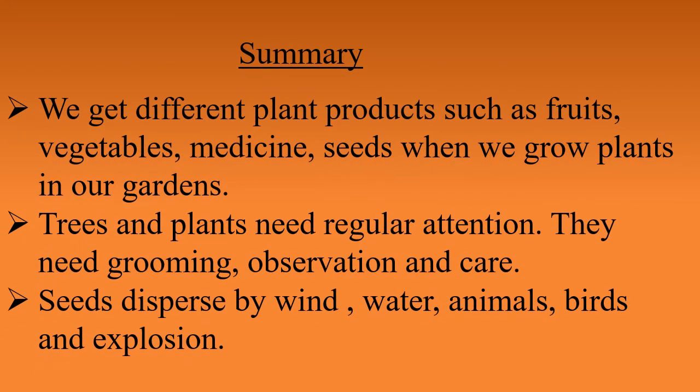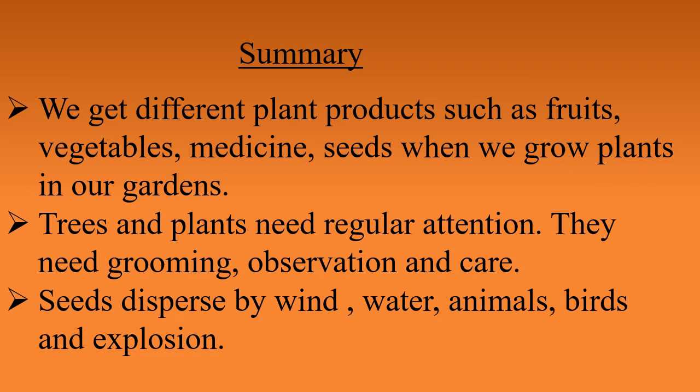Summary of the lesson. We get different plant products such as fruits, vegetables, medicine, seeds when we grow plants in our gardens. Trees and plants need regular attention. They need grooming, observation and care.